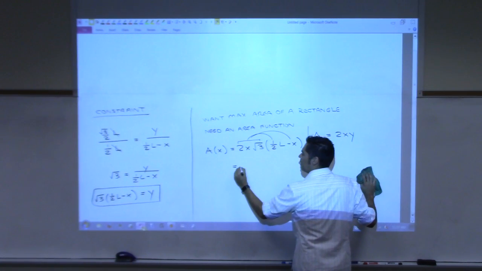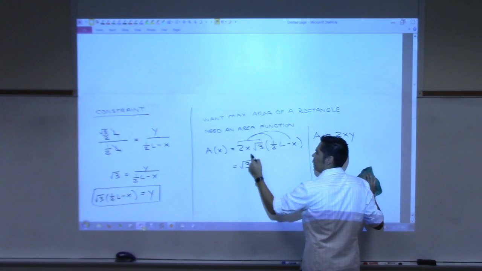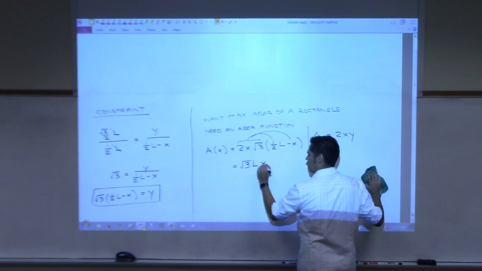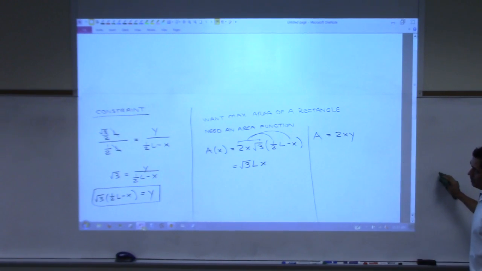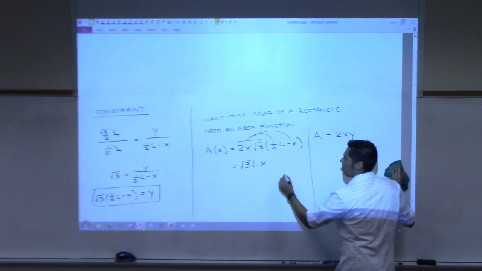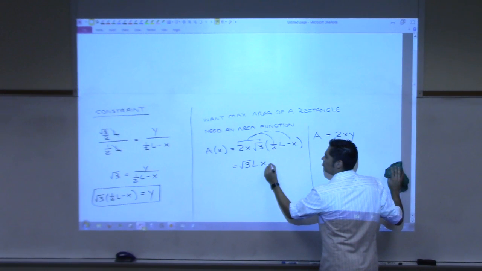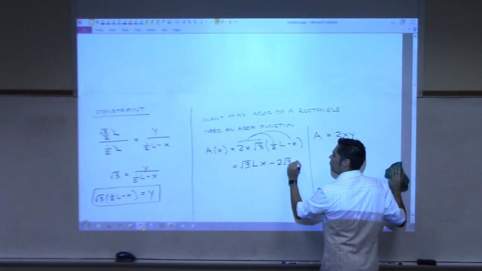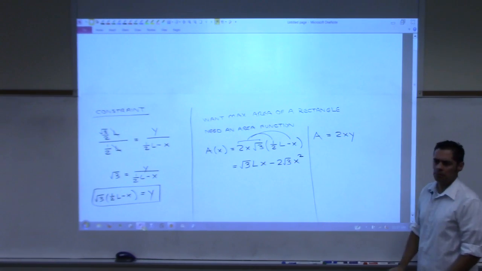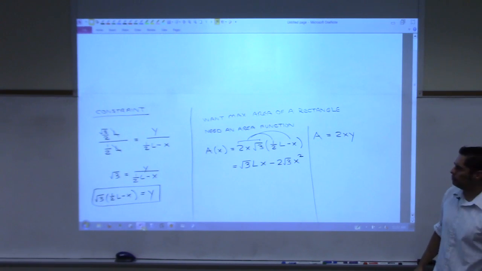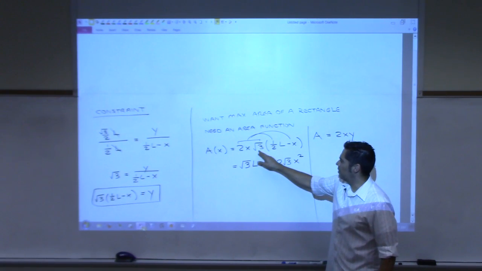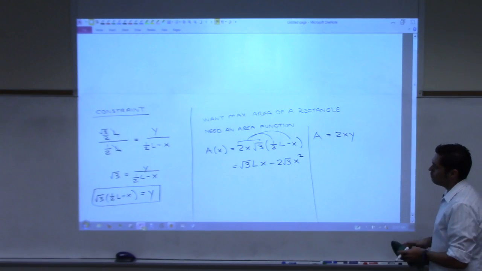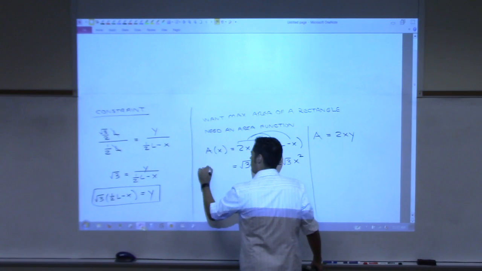And I just get root 3 x times L. Yes? I'm going to write Lx because L is a constant. What's the last term going to be? Minus 2 root 3 x squared. Two times root 3 x times negative x. This is our area function. Questions?